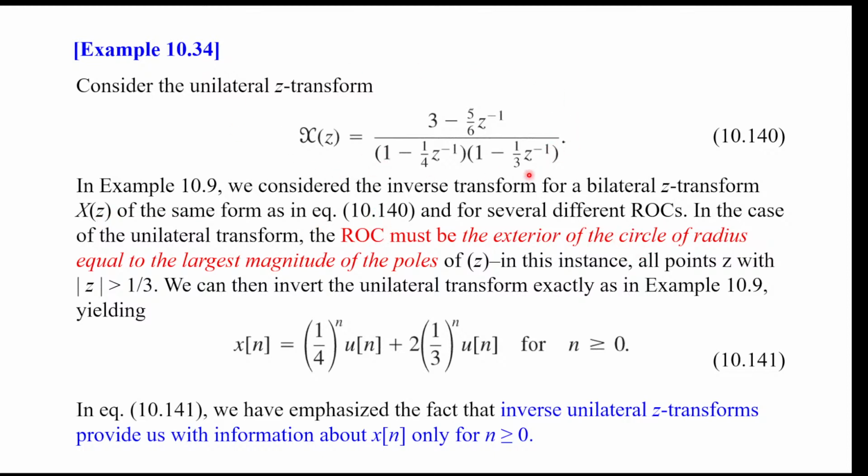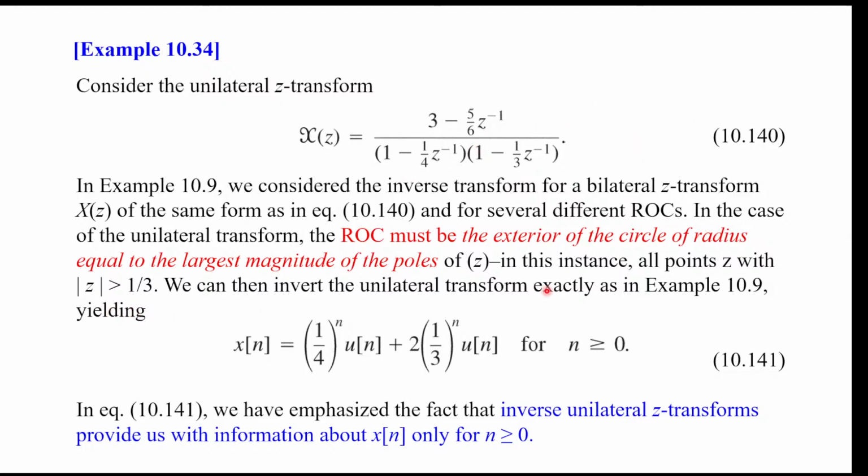We didn't specify the ROC here, but if we want to know what the ROC is, we know that the ROC must be outside the outermost pole, because the transform always corresponds to a right-sided signal. So if this is a unilateral transform, then the ROC must be the outermost ROC. So we don't need to specify the ROC here. We already know the ROC must be outside the outermost pole.